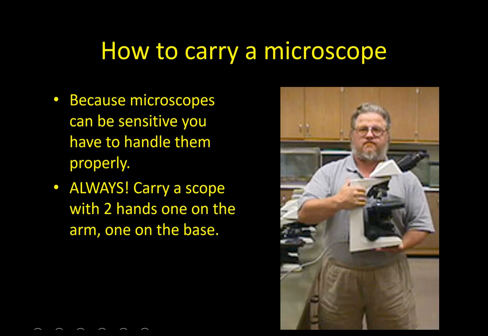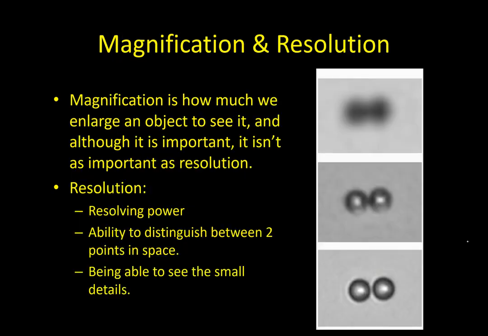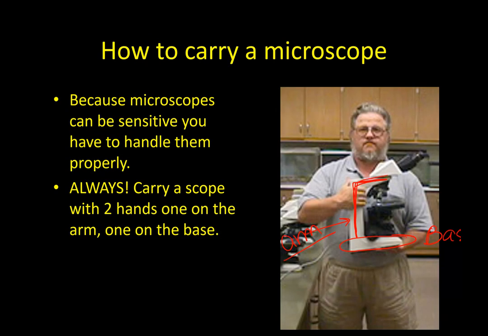So, how do we carry a microscope? Well, you've got parts of a microscope. This little thing right here that looks like an elbow is actually called the arm. And you're going to want to hold the arm with one hand. This down here is called the base. And again, you're going to want to hold that base with one hand. I guess I'm off the slide.